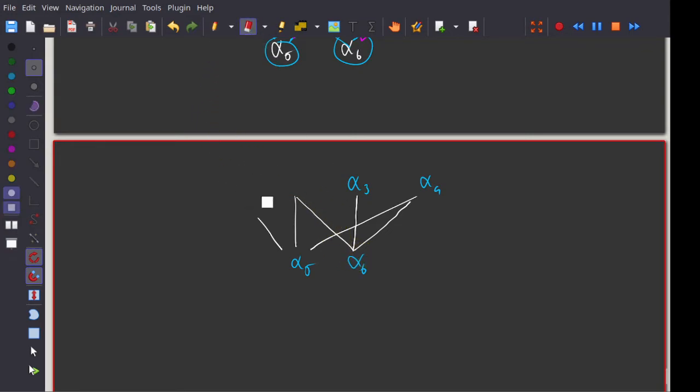Let's try this. So we'll see. First we'll try to do it using brute force. I try to guess the junction, right?